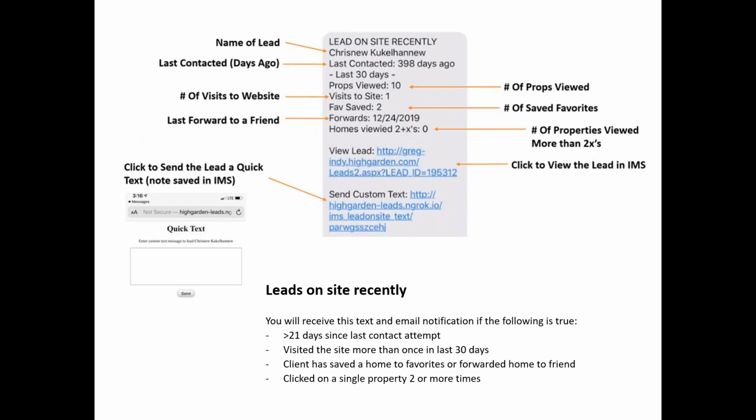They get on the website one time, and then they go off again. We're not going to send you a notice about that person, because if they're serious, they're going to get on it more than one time. If they click on a single property 2 or more times, or if they've saved a home to favorites, then you will get this notification. You're going to see that most of these text messages are for people you want to see things from.